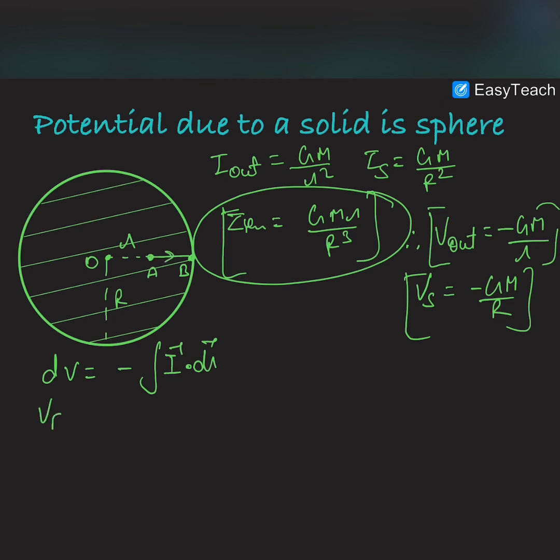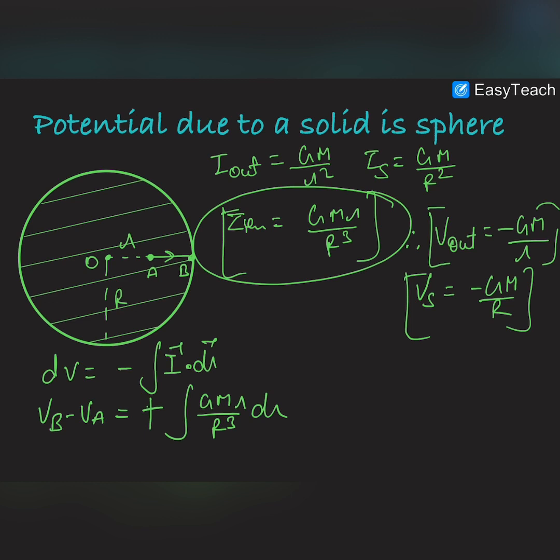So VB minus VA will be equal to minus of I, which is GMr by R cube, and the direction of I is towards the center, and the dr vector is from A to B, away from the center. Therefore there would be a negative sign and this would be positive.